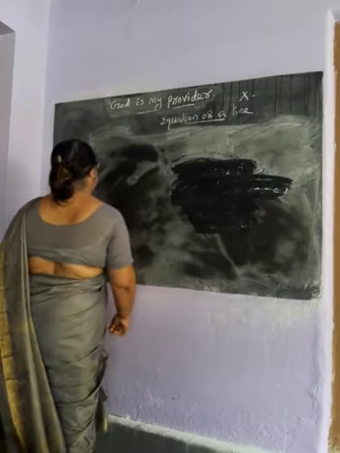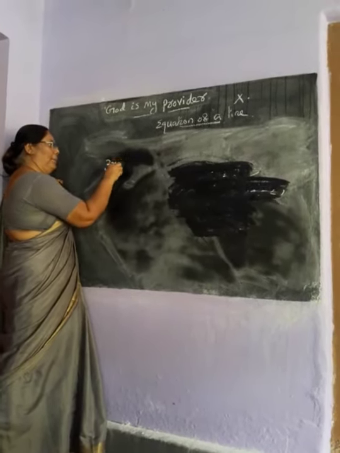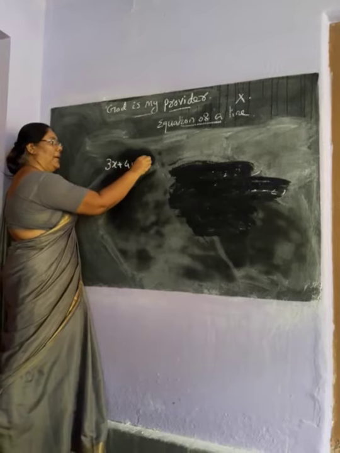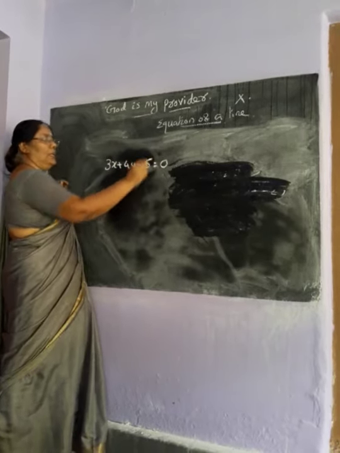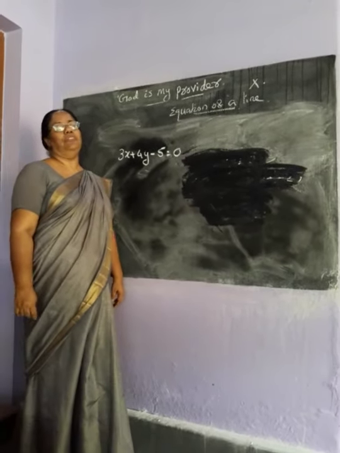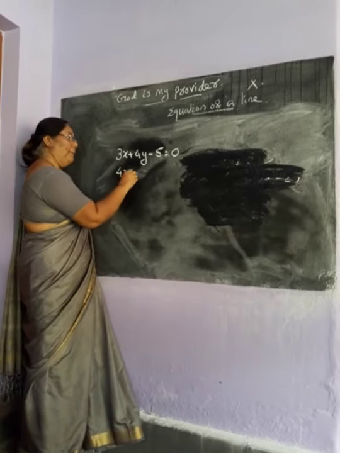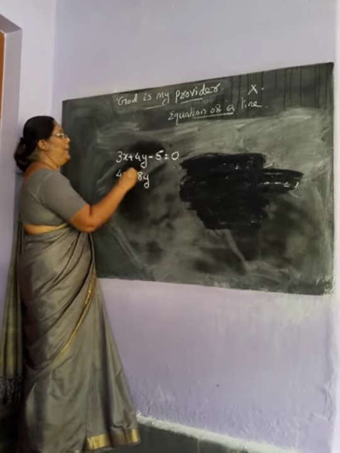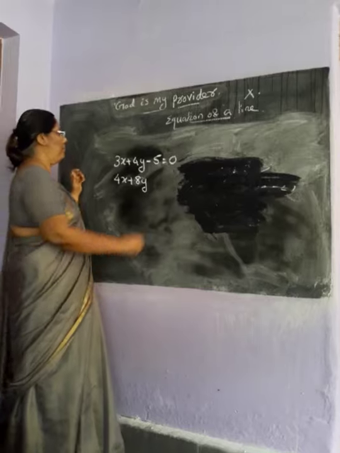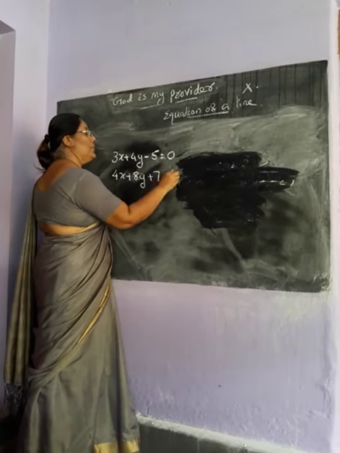Now listen. 3x plus 6y minus 5 equal to 0 is a line. This is a linear equation, therefore it is a line. Next is 4x plus 8y plus 7 equal to 0.